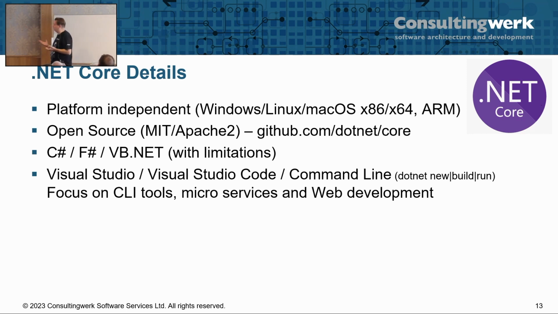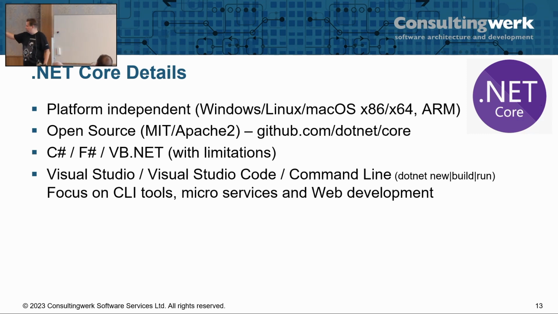So what are some of the aspects? It is platform independent. So you can use large parts of .NET Core on Windows, on Macs, on Linux, on ARM machines, and it is open source, released under an MIT and Apache 2 license. There's a GitHub page where it's all maintained.